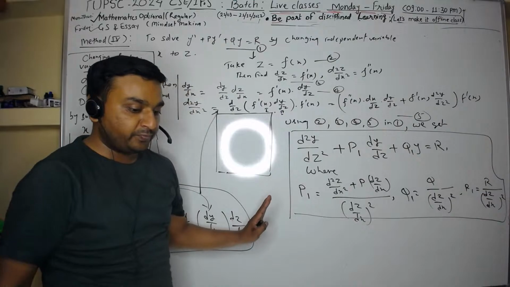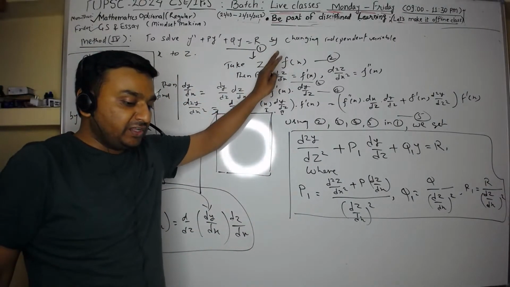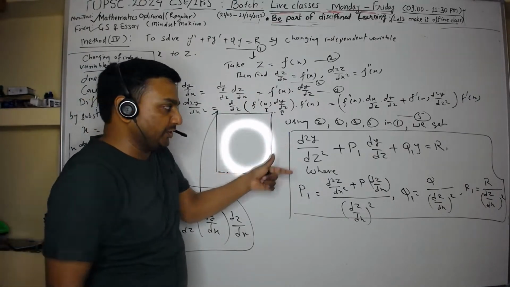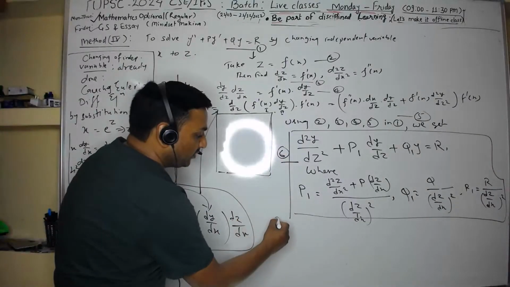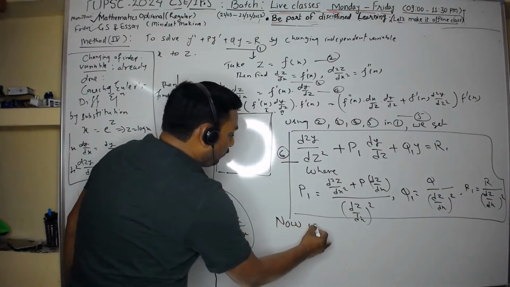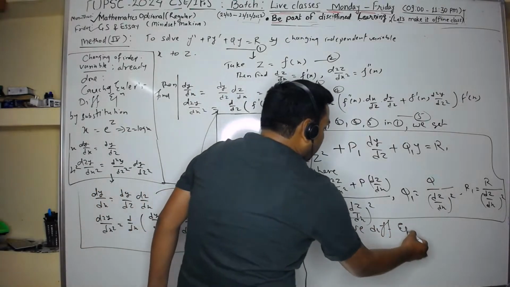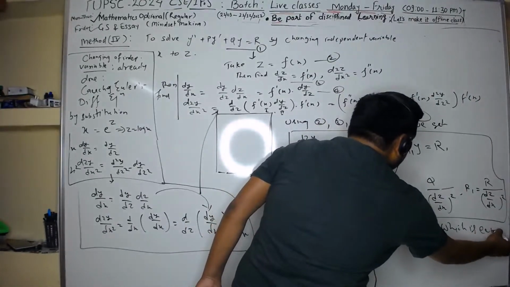this: if you substitute some function z as this, the reduced differential equation will look like this. And let's say this is 6. Now we will solve differential equation 6, which is easy to solve now.